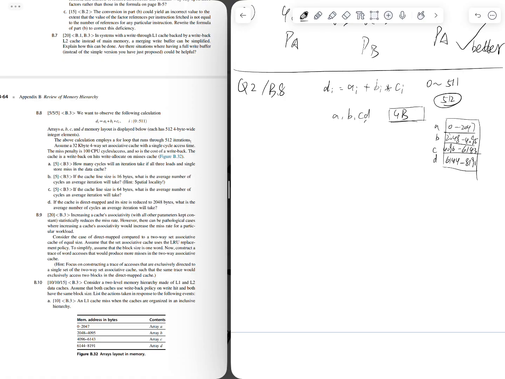We have a 32K byte four-way associative cache with a single cycle access time.